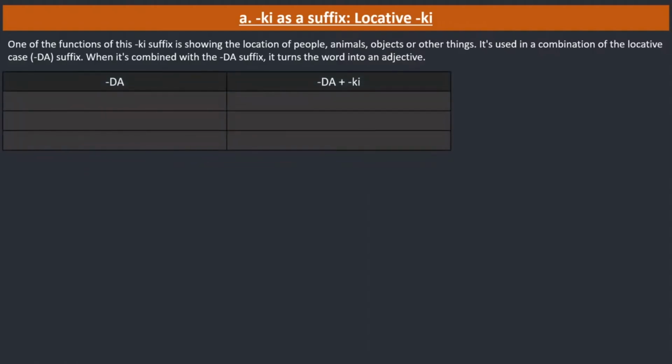In the first column of this table, there will be sentences with da. Çocuk arabada. The da here indicates that the kid is in the car. But what if I say arabadaki çocuk? Arabadaki çocuk. This time it refers to the kid but works as an adjective.